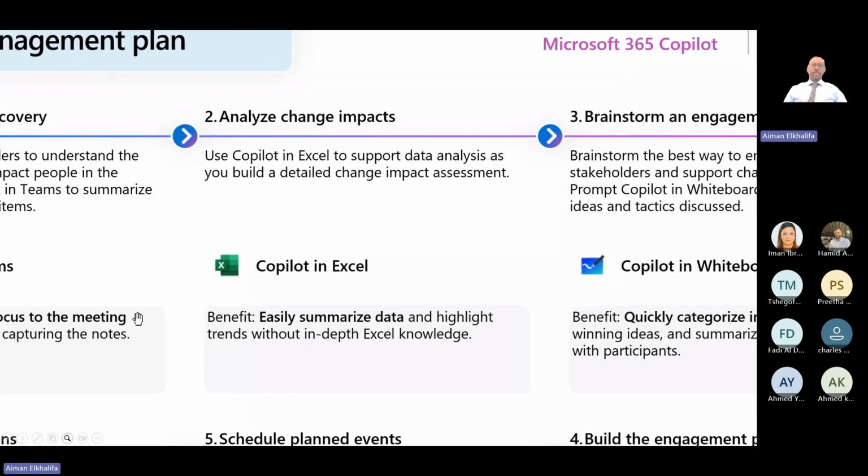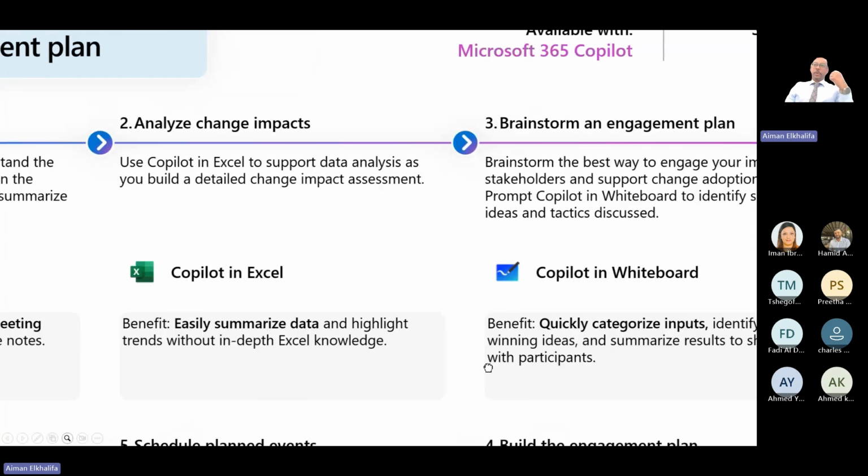Now, moving on, you want to use Copilot in Excel to support your data analysis as you build the detailed change impact assessments. Yeah, so Copilot in Excel will help you augment the data, will help you visualize the data, will help you to easily summarize the data and tell the story of your data in a visualized way.